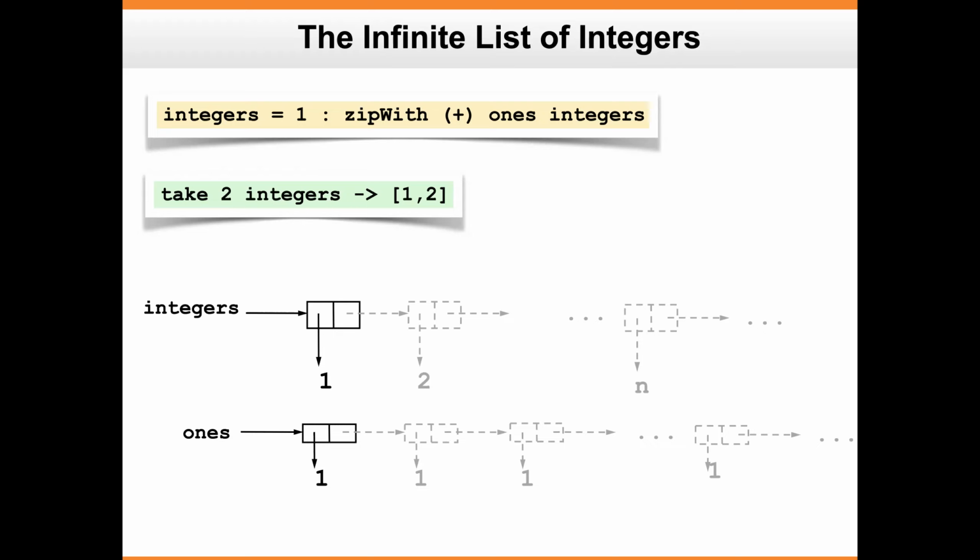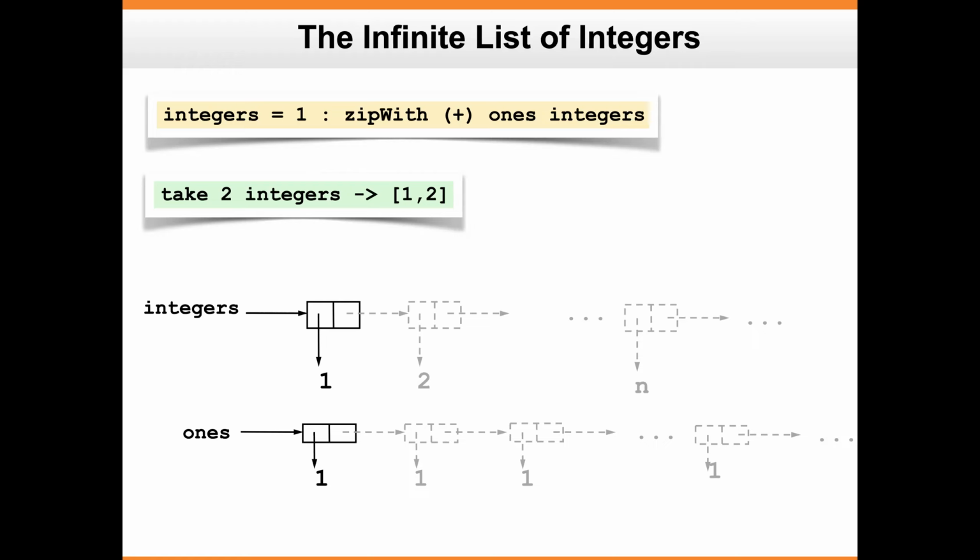And you see down here that if you put the integers and the ones on top of each other, then basically with the operator plus, we sum pairwise the elements of these two infinite lists, and we get basically 2, 3, 4, and so on, which is the rest of integers. The first element is given to be 1.